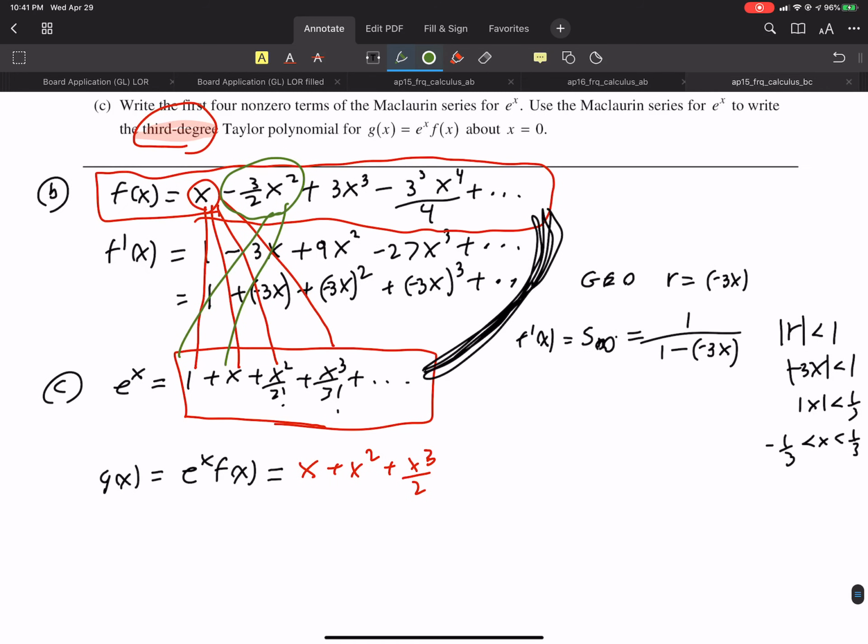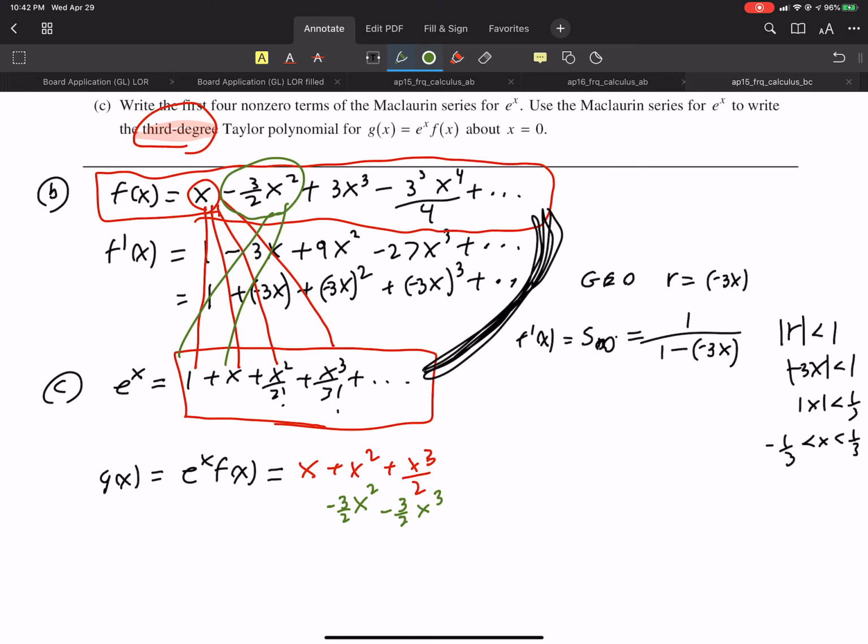So negative 3 halves x squared times 1, and I'm going to line it up in the squared column, and then as I distribute to the next one, it's going to be negative 3 halves x cubed. Is that right? Negative 3 halves x cubed, I think so. Minus, minus. Okay, we're good.